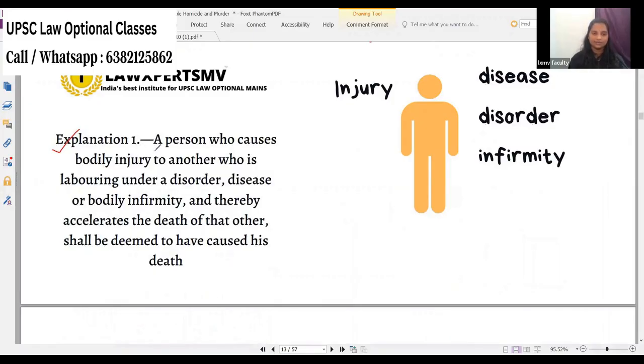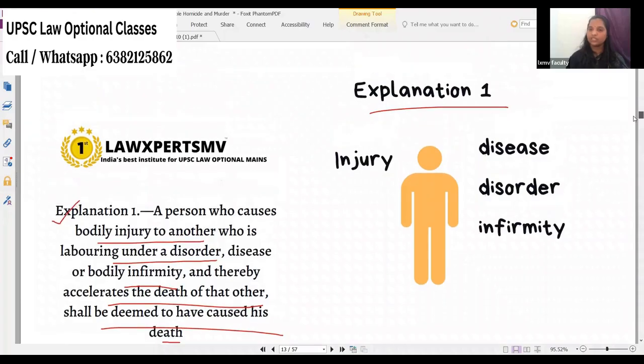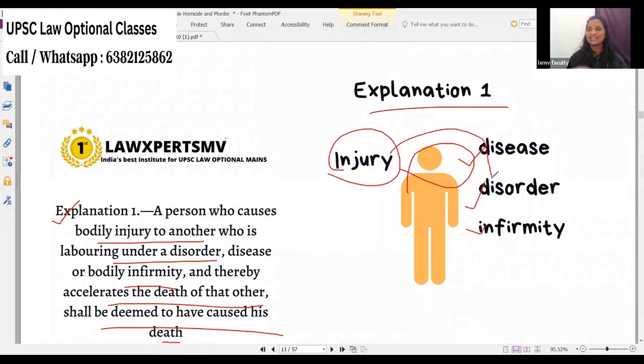A person who causes bodily injury to another who is laboring under a disorder, disease, or bodily infirmity and thereby accelerates the death of that other shall be deemed to have caused his death. Very simple. A person gives a bodily injury to a particular person, and this victim is already suffering from some disease or disorder or infirmity. By this injury, the disease or the disorder is accelerated and finally he dies.